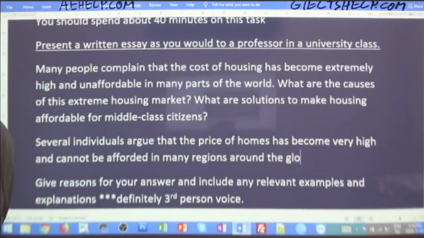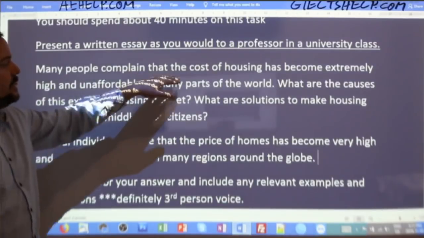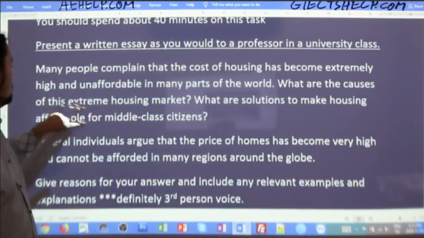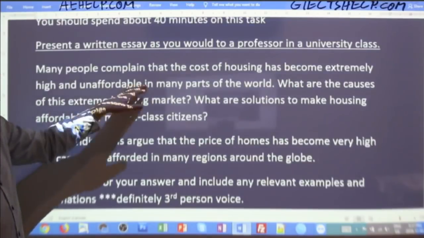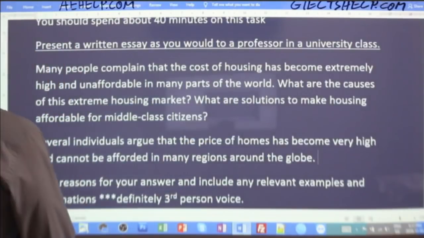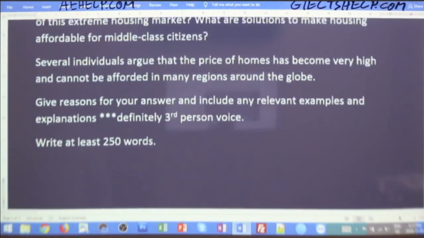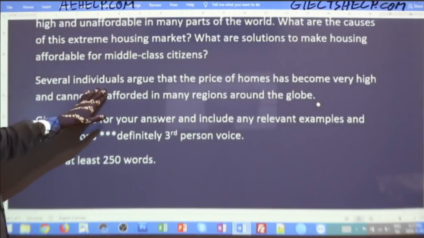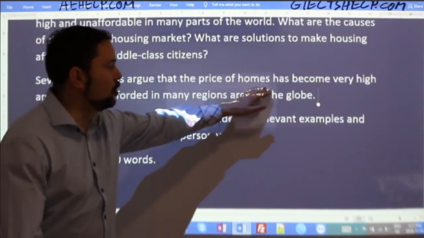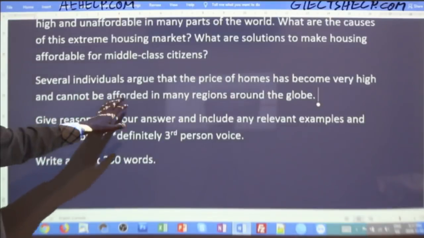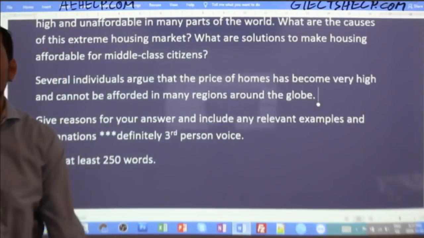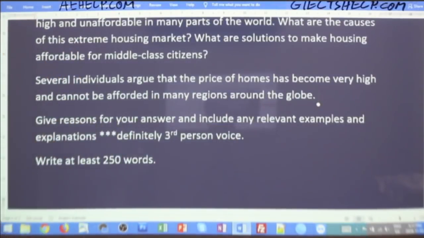So what I'm doing here, students, is I'm paraphrasing the sentence. So many people complain that the cost of housing has become extremely high and unaffordable in many parts of the world. So I wrote this sentence in another way, in my own words. Several individuals argue that the price of homes has become very high and cannot be afforded in many regions around the globe. Paraphrasing, practice that at home.